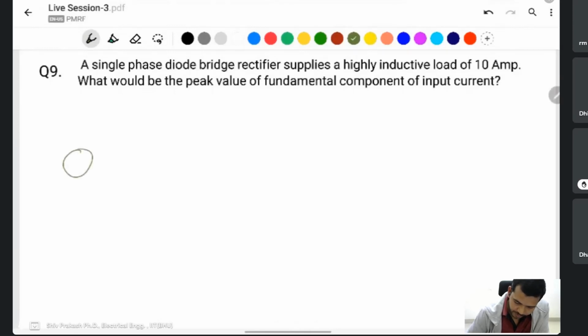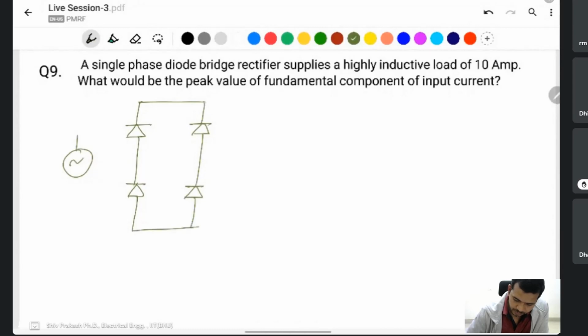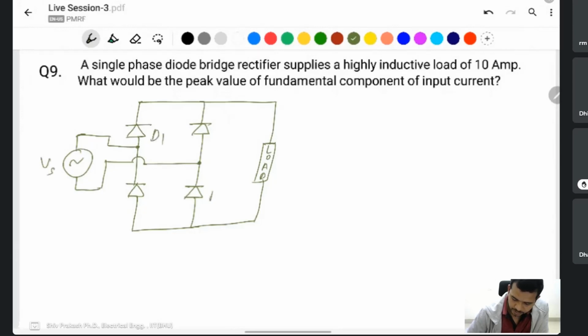You know about the full bridge rectifier. I will draw it once. So Vs, D1, D2, D3 and D4.